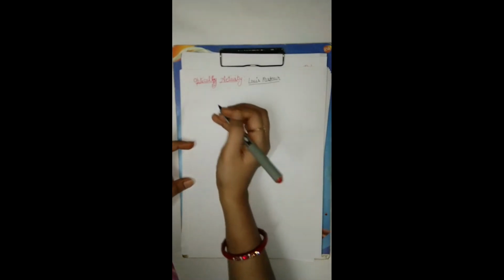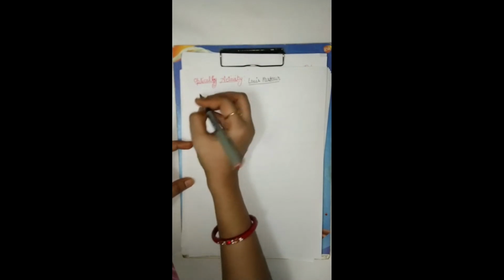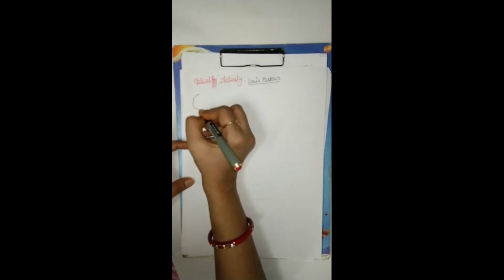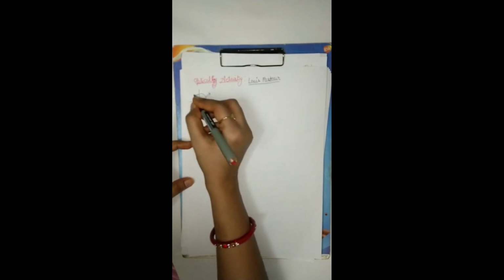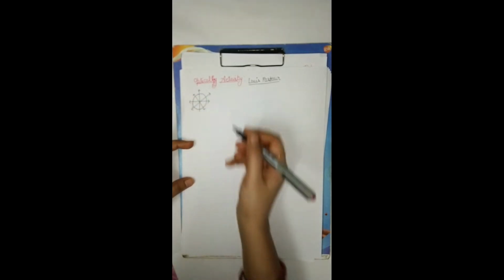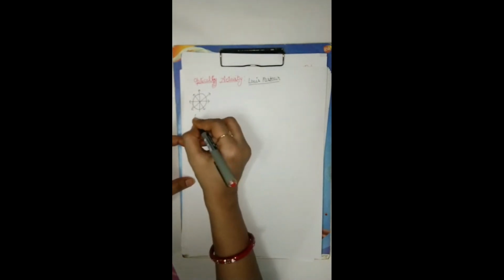Okay, then we are taking one example. This is a light source, which is ordinary light, which moves in all directions, as I have already told you, having different wavelengths, these are electromagnetic radiations. This is ordinary light.